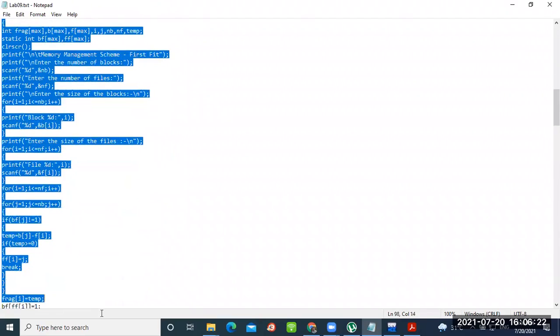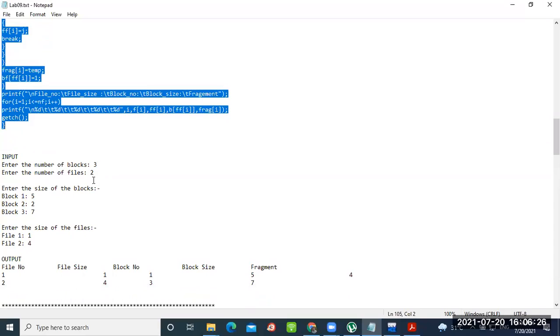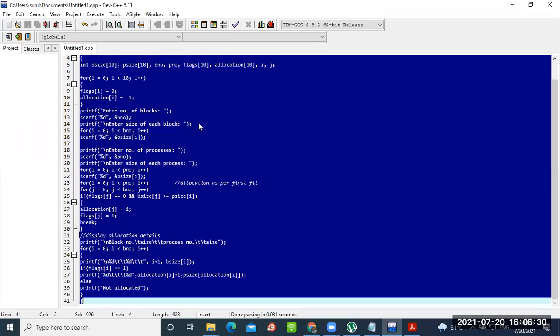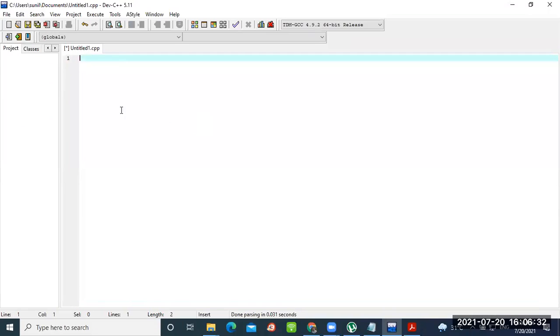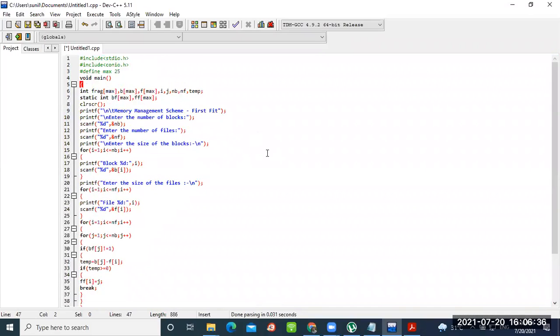Copy this program first. So coming to the worst fit algorithm, what does the worst fit algorithm say? It is very simple again. This will be the memory block.